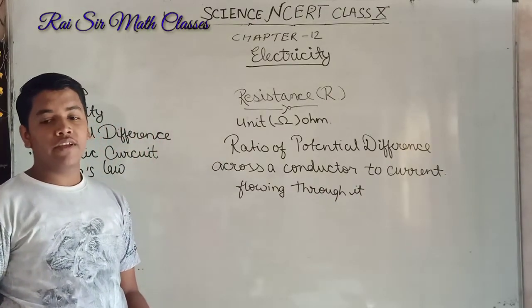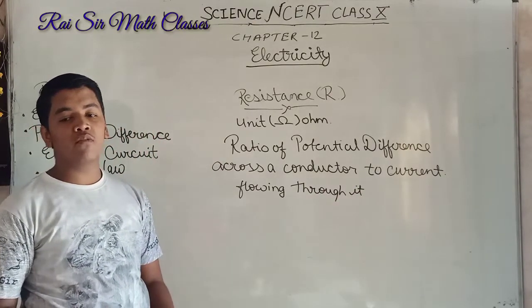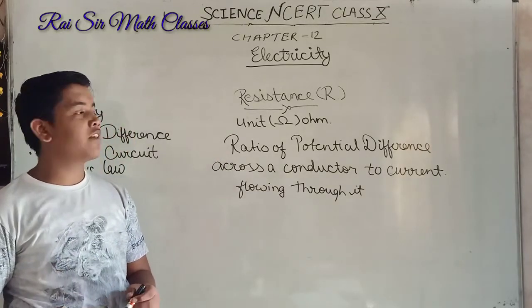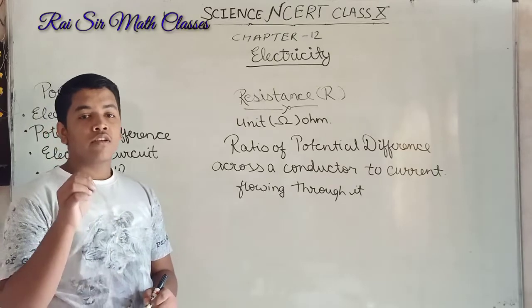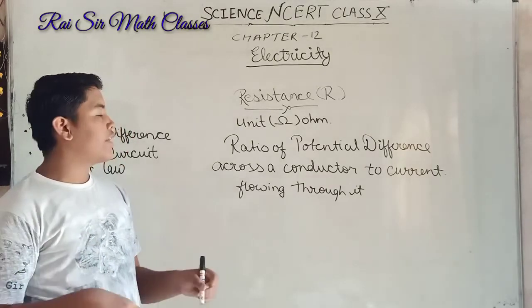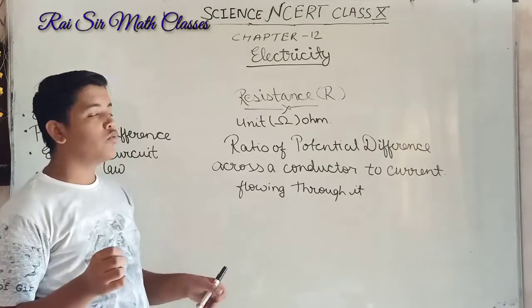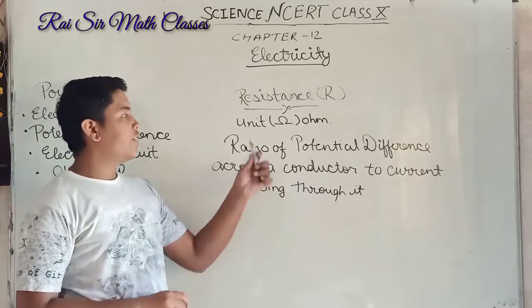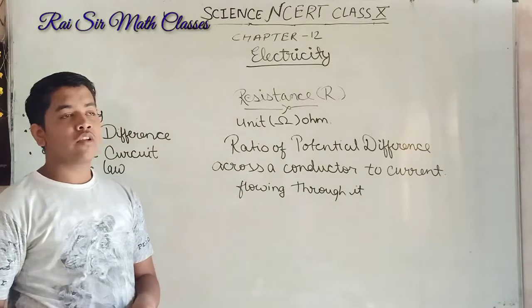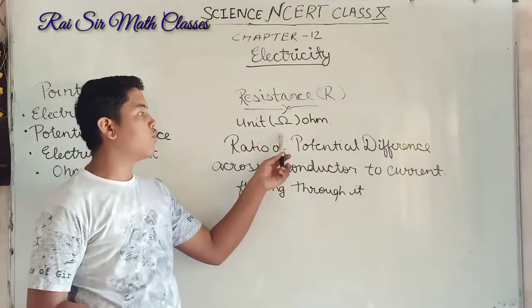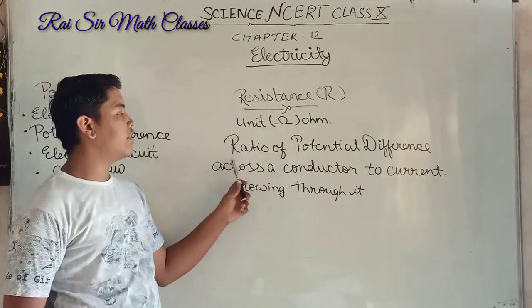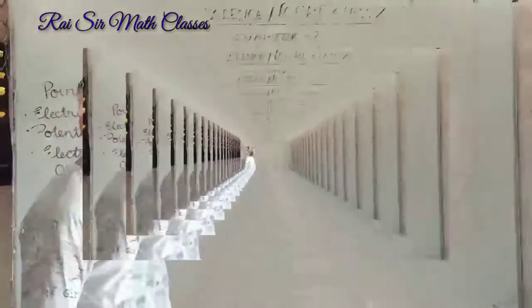In familiar words, resistance is like a speed breaker which reduces the flow of current flowing through an electric circuit. Its unit is ohm.